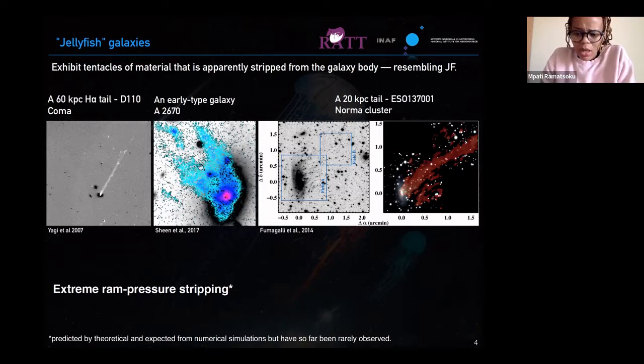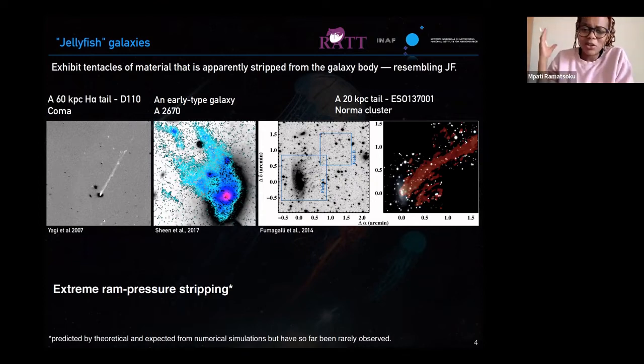We think the reason they're so rarely observed is because this stage of the galaxy requires a shorter time event. We think it lasts for about 10 to the 8 years, and this is basically a fraction of the crossing time.